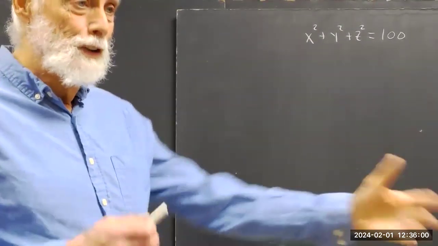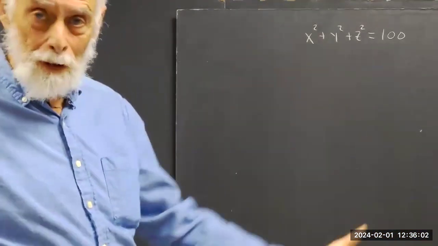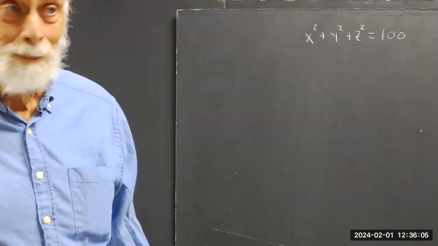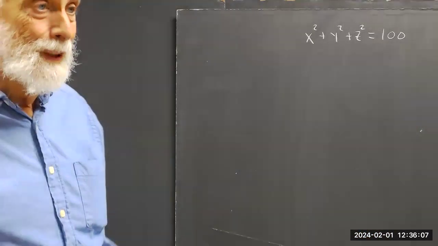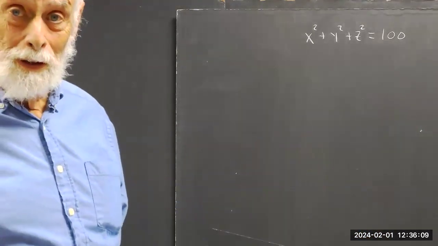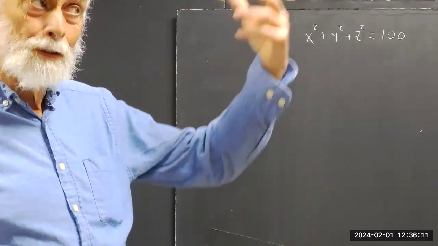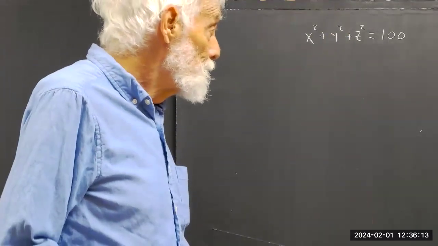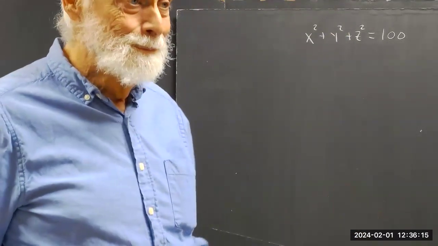And all the points at distance 10 form a sphere of radius 10, center at the origin. Somebody said that immediately. Okay, good.